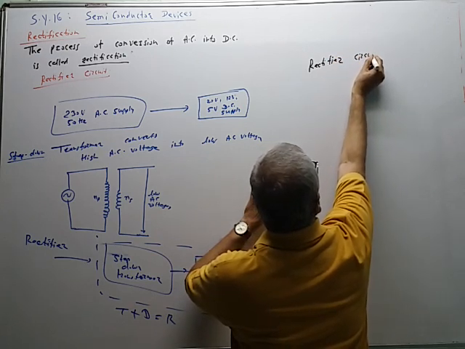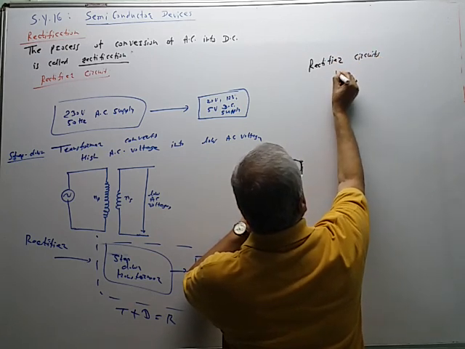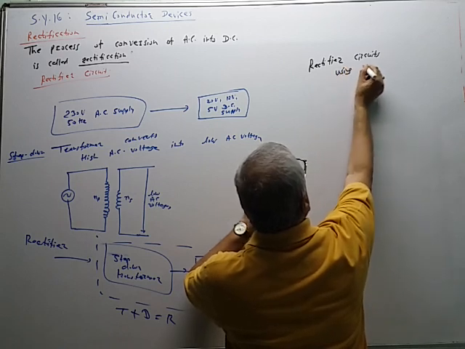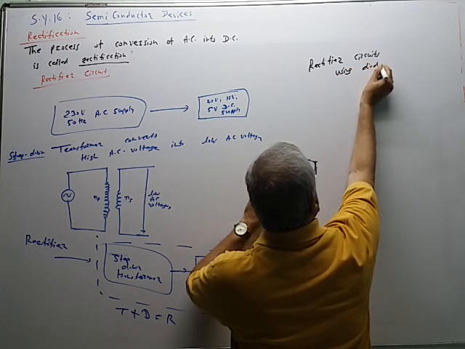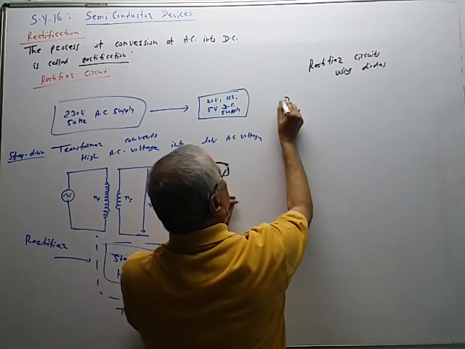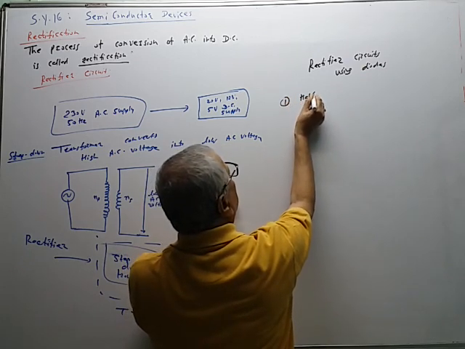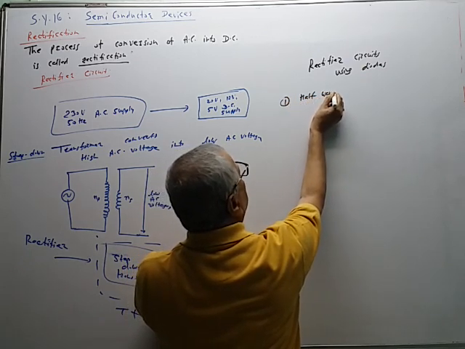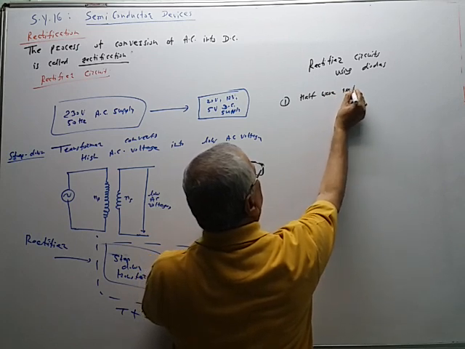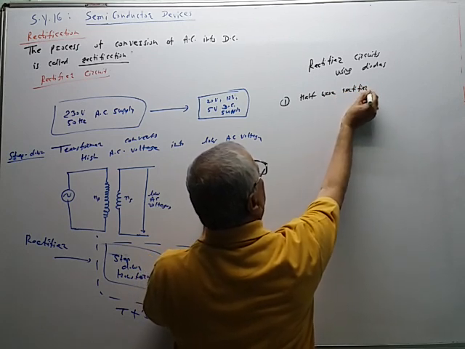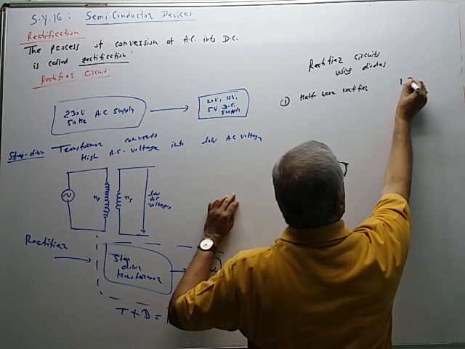Rectifier circuits using diode. One is a half wave rectifier. One diode is used.